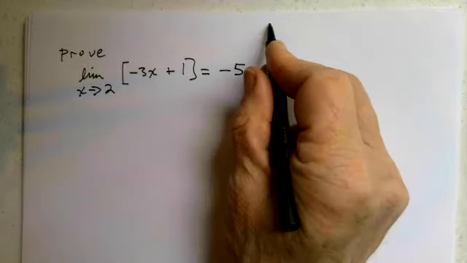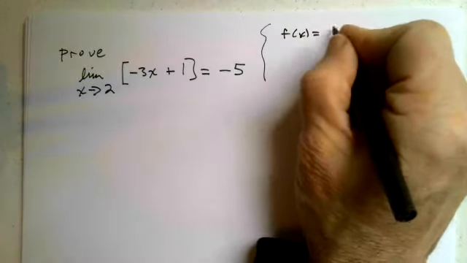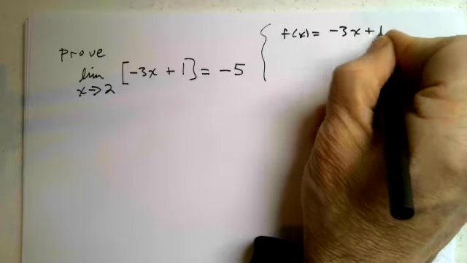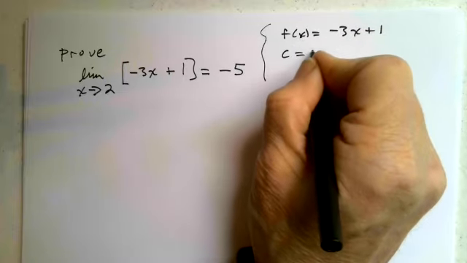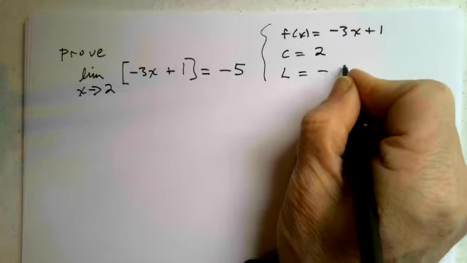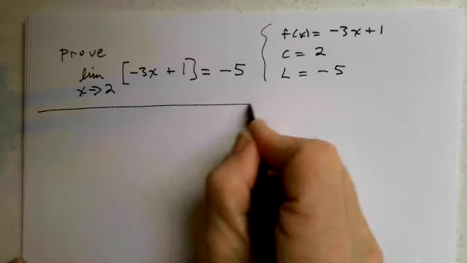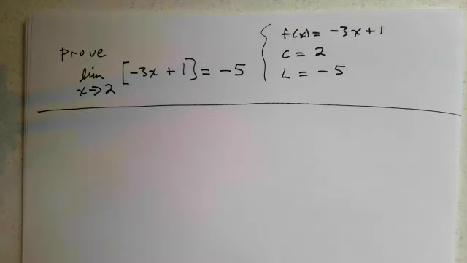So just so we're clear on our notation here, our f of x is negative 3x plus 1. Our c is 2, and our L is negative 5. We're going to start with analysis, and then we'll build our proof after we do the analysis.